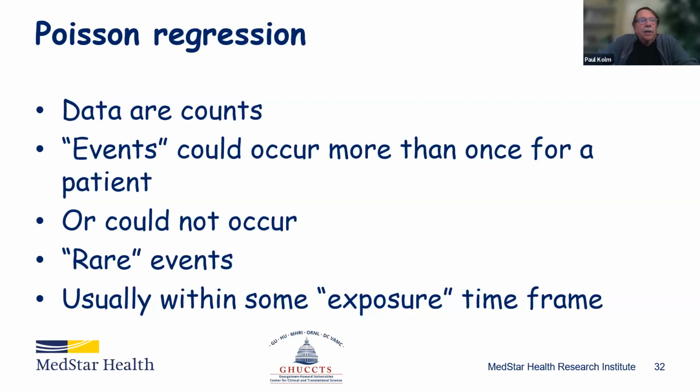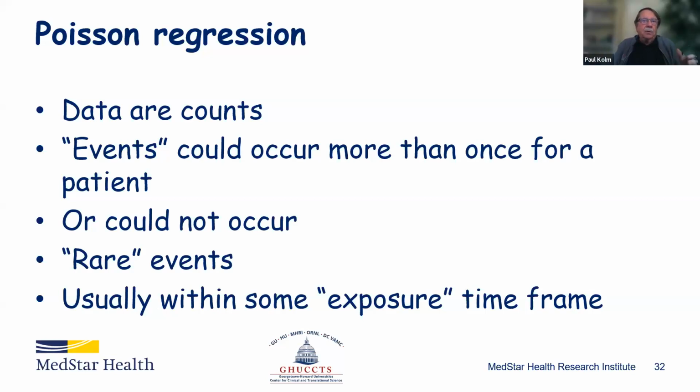And so in this case, we might have an issue with rare events, like we did with the logistic regression, when the probabilities are either really large for the occurrence of an event or really small.